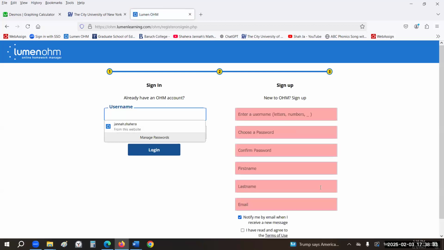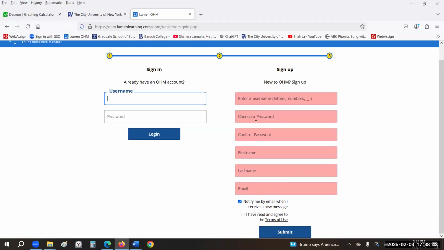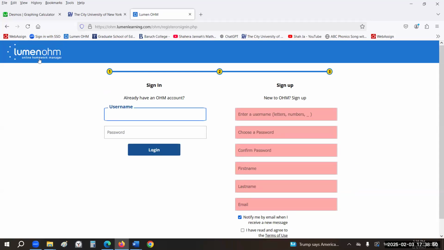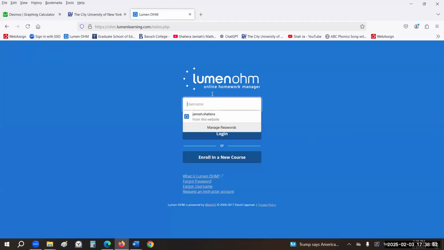Once you click it, either you log in with your own username and password if you used it before, or if you haven't, you make a new account and click submit, and it will take you to our Lumen page. Once you register, next time you don't enroll again, you just click on login.